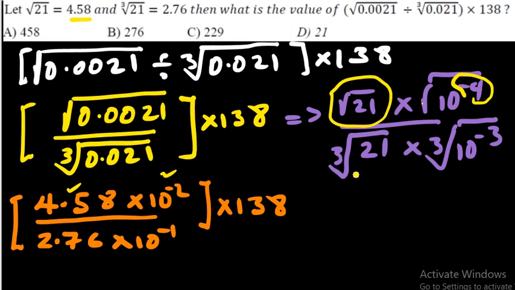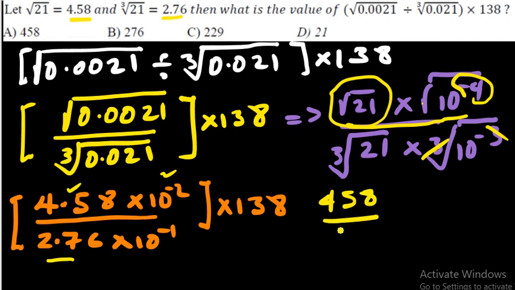When you come to the down part, the cube root of 21 is given, 2.76, I wrote it here. And the cube root of 10 to the power of negative 3, you can take it out. The cube root cancels with the 3, and then negative 1 remains. Multiply with 138 there. The two decimals have the same digits after the point, so I can cancel the point.